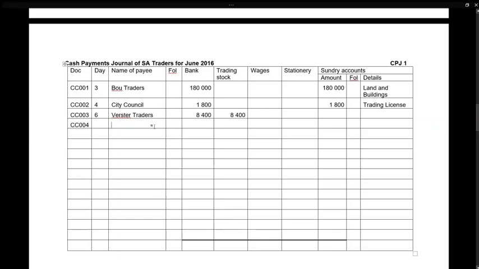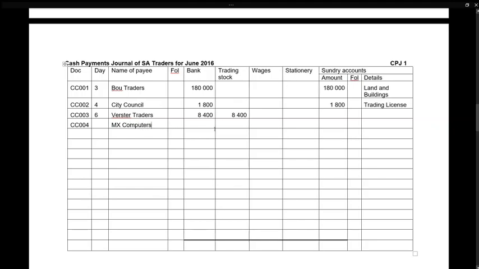So, who did we buy this from? MX Computers. The amount being deducted will be the 2 amounts together. If you add it up, you will get 13,440 Rand, of which 12,800 went for computers, which we are going to put in the equipment account.